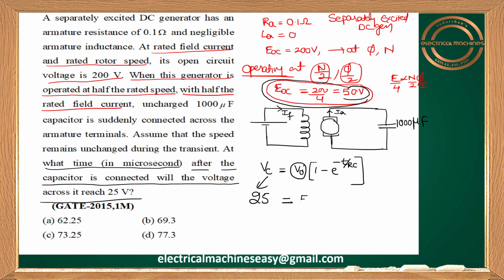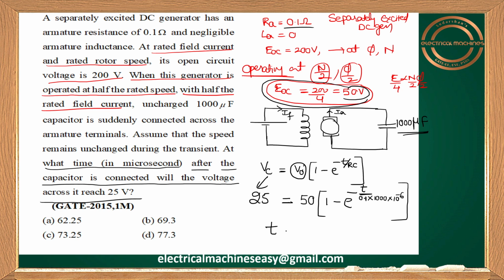So 50 volts into 1 minus e power minus t by RC. How much armature resistance has he given? 0.1. And how much capacitance has he given, guys? 1000 microfarad, that is 1000 into 10 to the power of minus 6. Okay, right, if you do the calculation, it's very simple.